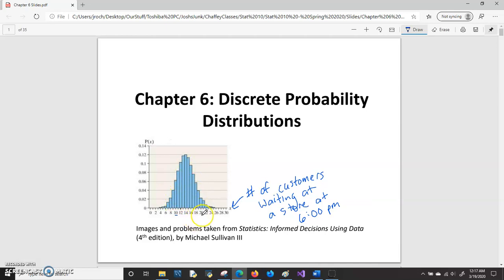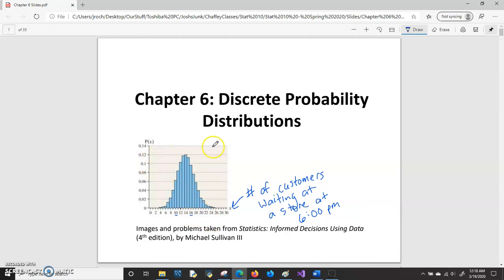Let's say we want to know the probability that there would be 16 customers waiting at 6 o'clock. So for 16 customers, we'll go up this histogram to the top of this bar, and it's hard to tell, but I'll just go across, and that's probably around 0.095. So we would say that the probability of there being 16 customers waiting at the store is about 0.095.